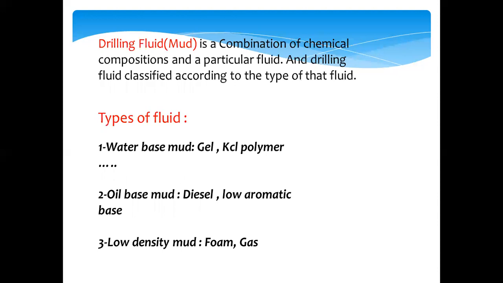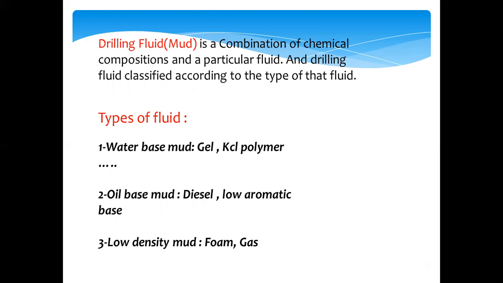It's a combination of chemical compositions and particular fluid, and drilling fluid is classified according to the type of the fluid. Okay, so this is a quick definition of drilling fluid. Types of drilling fluid may be water-based mud, oil-based mud, or low-density mud.